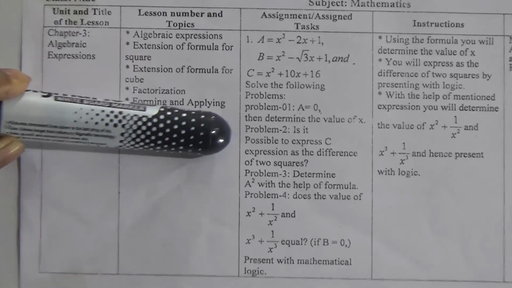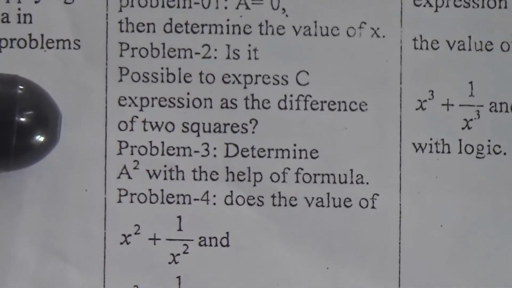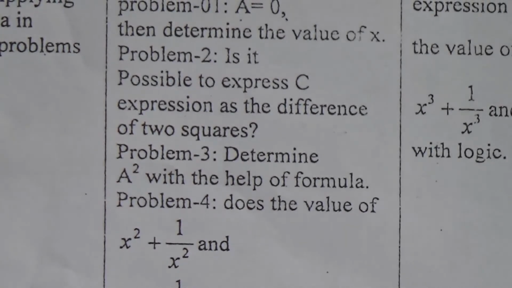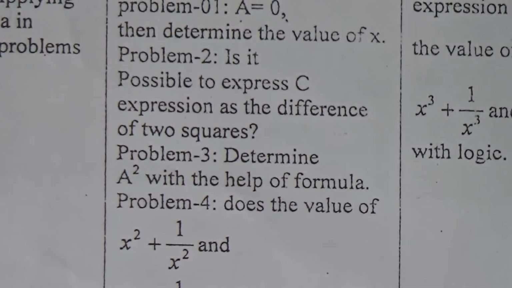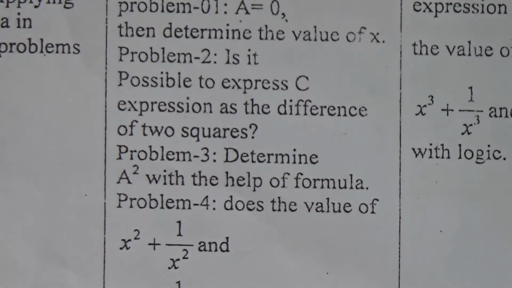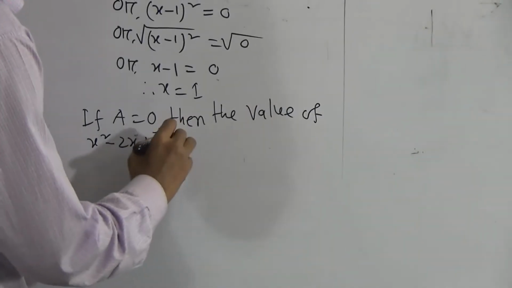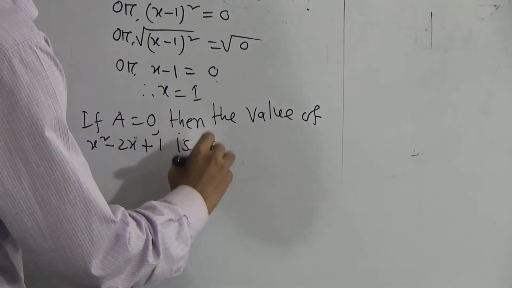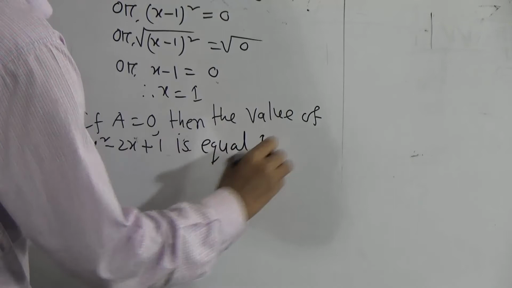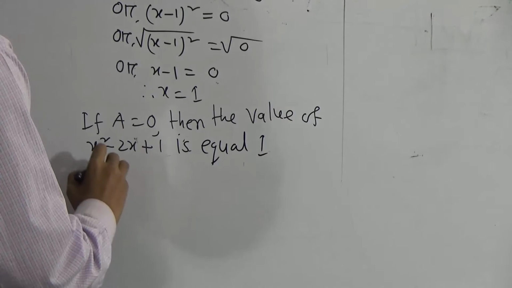Problem 2. Is it possible to express C expression as the difference of two squares? Student, you see, we determined the value of x: if A equal to 0, then x equal to 1.